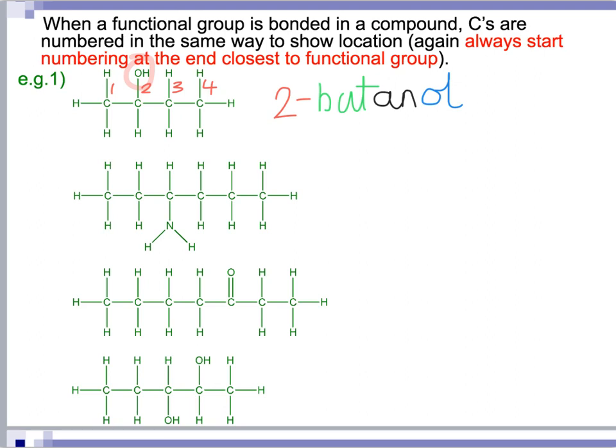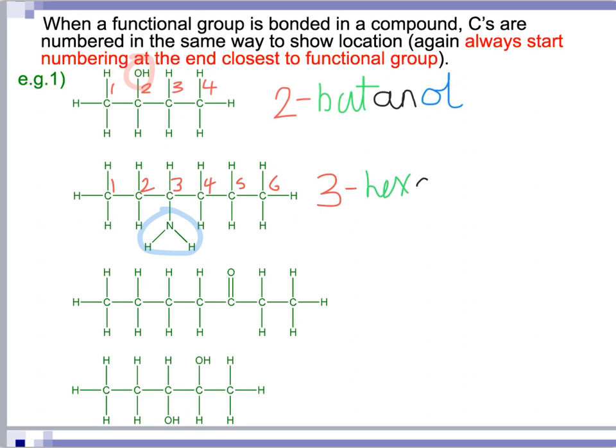Okay. Looking at the second example. This time our main point of interest is right here, and that is once again closer to the left. So we'll number from the left. 1, 2, 3, 4, 5, 6. Okay, so our point of interest is on carbon number 3, so 3, and then 6 carbons is hex.